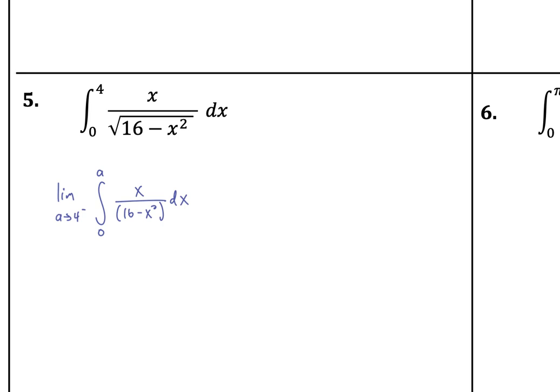Actually, let me rewrite this, sorry. Okay, so I'm going to just integrate this quickly.